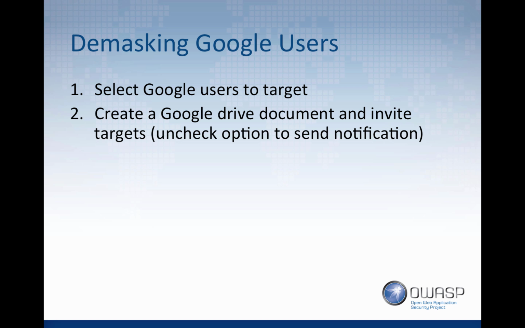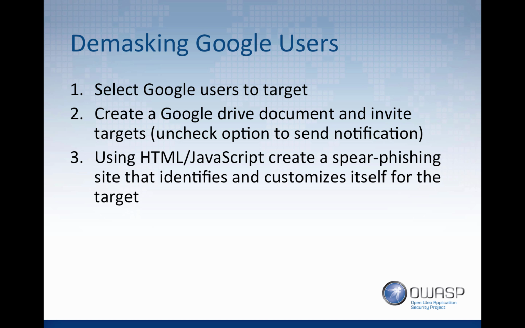Don't check the box to send the notification to them. Just leave that and go ahead and invite them to the document. And then you can use HTML and JavaScript to create a nice spear phishing website that looks like their bank or their credit card statement or something, right? And since we can demask who these users are, we can make this site customize itself to insert their name or their email, and make it look like they're logged in, right?